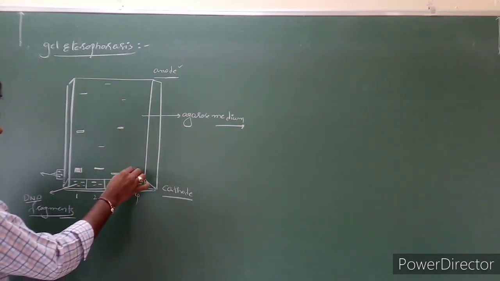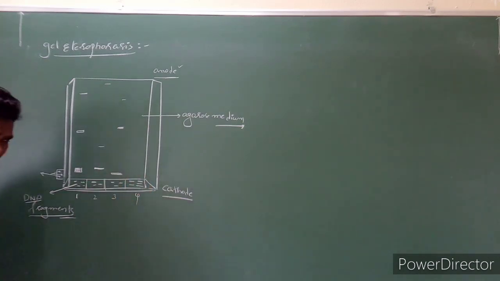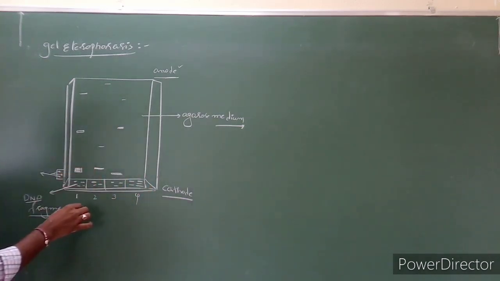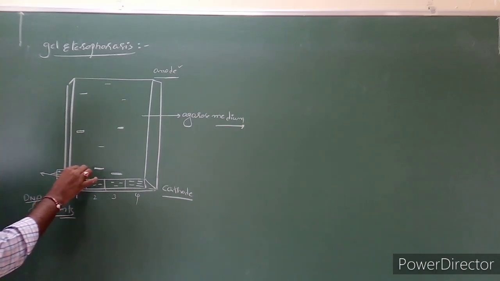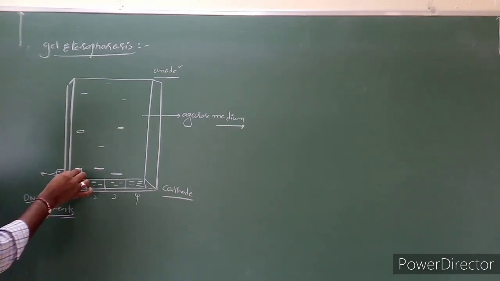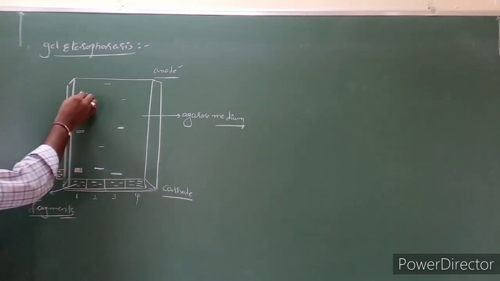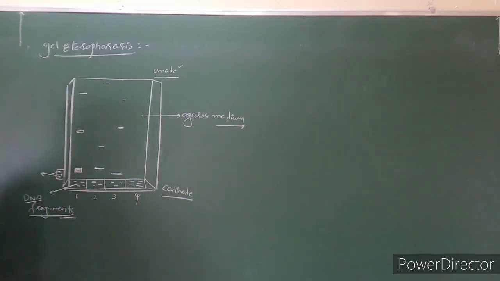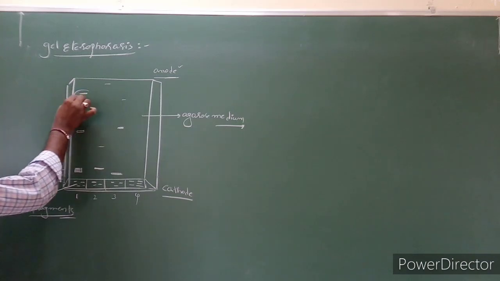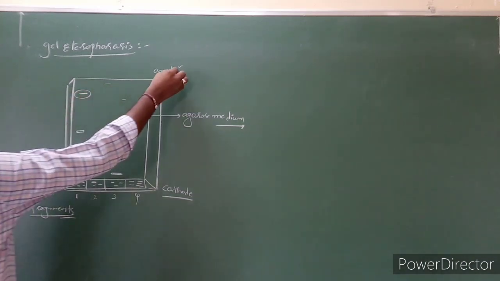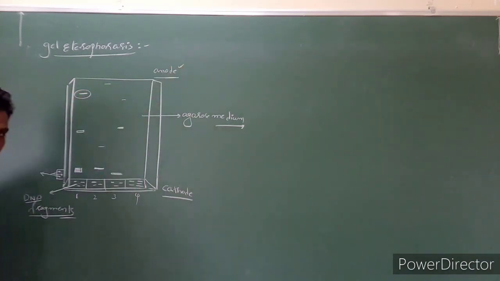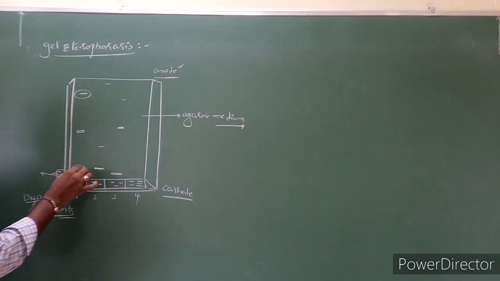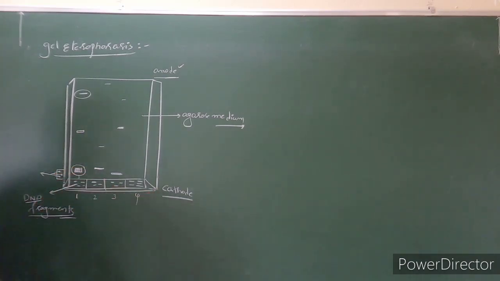In this, 5 are there. So what did we notice here? At the beginning, this is the larger size DNA molecule. This is a little bit smaller size. This is too small size. Which is small size, that moves near to the anode side. Which is big size, it is near to the cathode side.